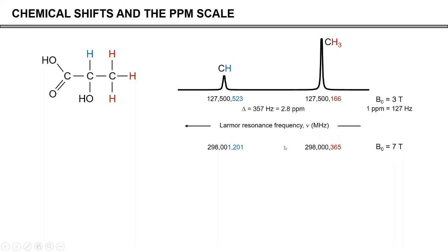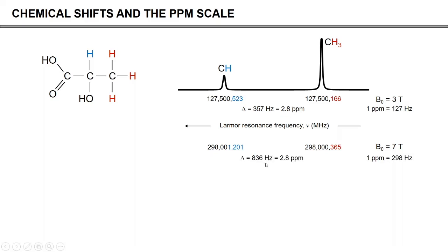Now, what you can note is that the frequency difference between this resonance and this resonance is 357 Hertz. At 3 Tesla, the Larmor frequency is 127 megahertz, so 1 part per million is 127 Hertz. Therefore, the 357 Hertz can also be expressed as 2.8 ppm.